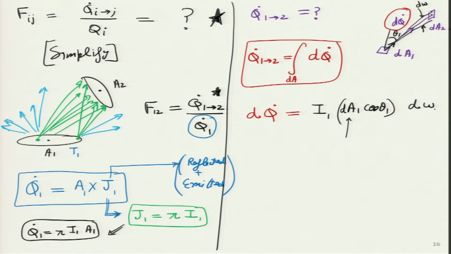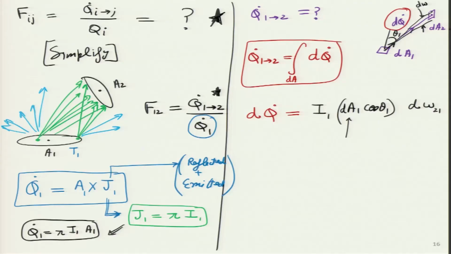and I will put the subscript 2 to 1, because this is the solid angle when we are viewing surface 2 from surface 1. Just like in the previous lecture, if the sun is setting at a particular point and we are able to look at it directly, it is not very bright, then we can figure out the solid angle that we are viewing for the sun, that is d omega 2 1.